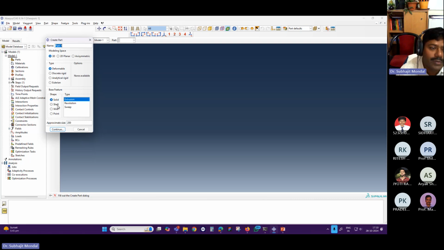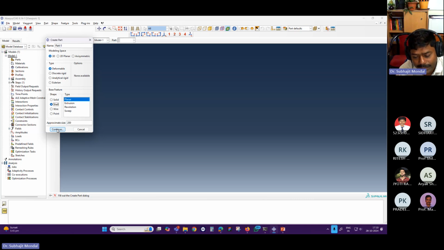Okay, so now here, we're going to go for a shell model. Why are we going for a shell model? A shell model is very suitable if the thickness is very low. Again, low in the sense it is low in comparison to the length and the breadth.